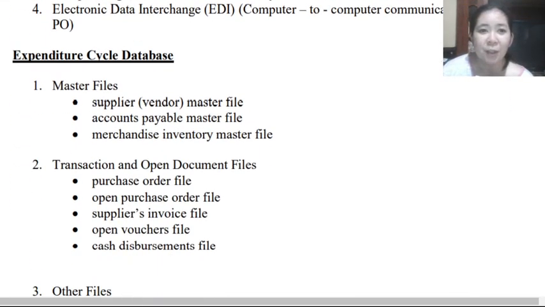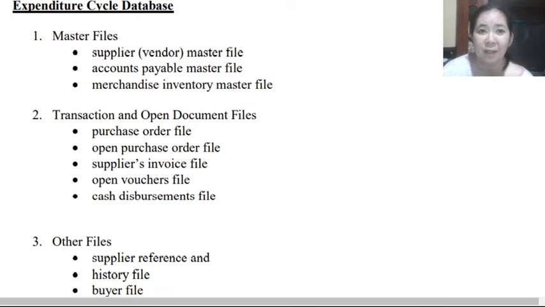For the expenditure cycle database, we have the master file. It will include the supplier or vendor's information file, our accounts payable, and merchandise inventory files. Another is the transaction and open document files. This will include purchase order files, open purchase order file, supplier invoices, open vouchers, and cash disbursements file.